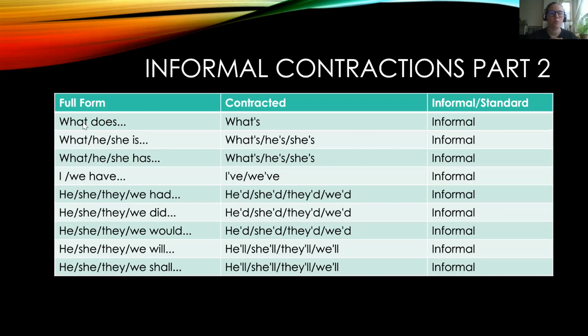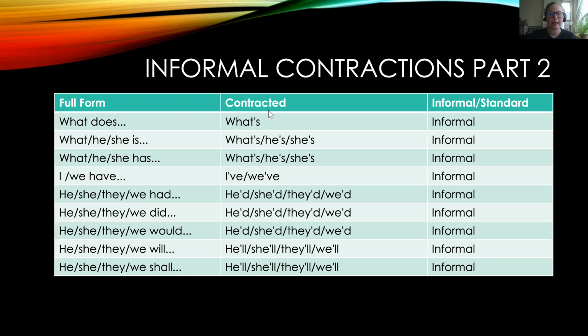So when we say like what does, if we're being informal, we'll say what's she do all day, right? So what's she do all day? What does she do all day? Taking out all 3 letters here and pushing that together to get what's.